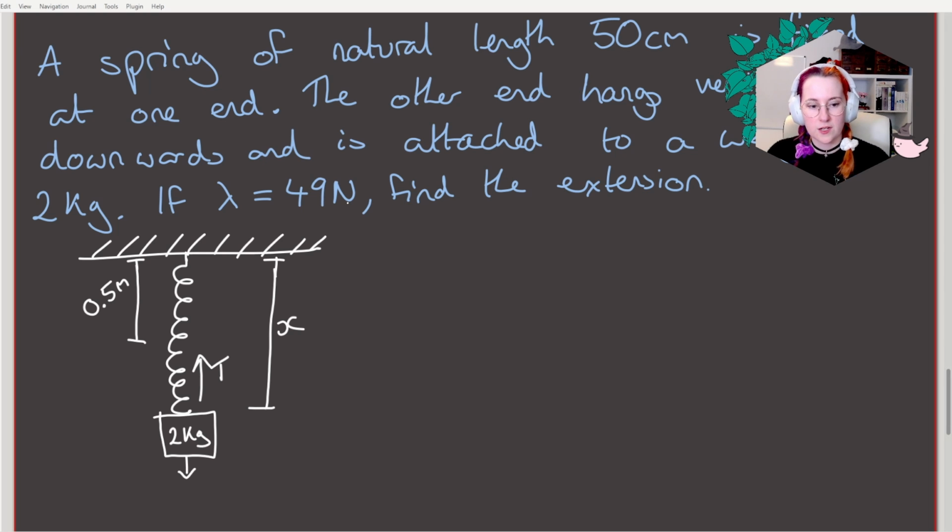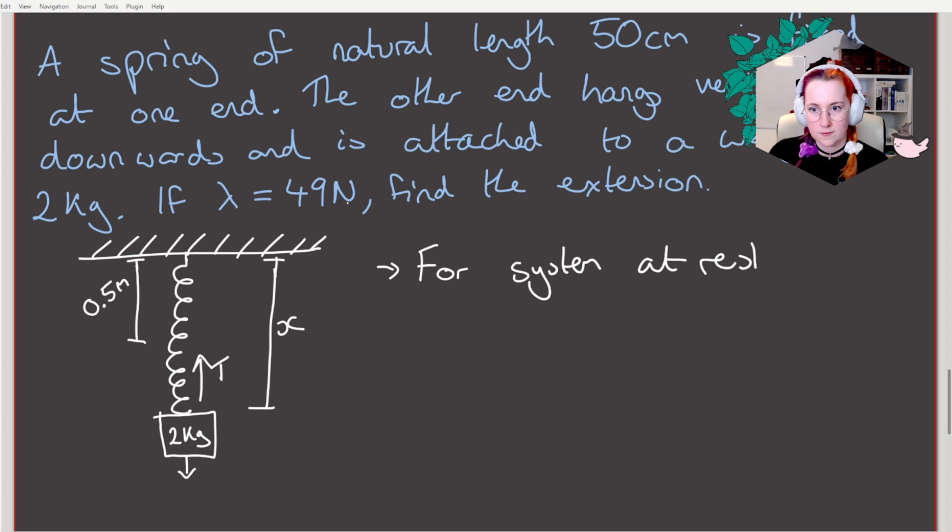So important things to note. Metric means SI. Yes, sorry, that's my bad. We should put them in SI units. So the system's at rest.